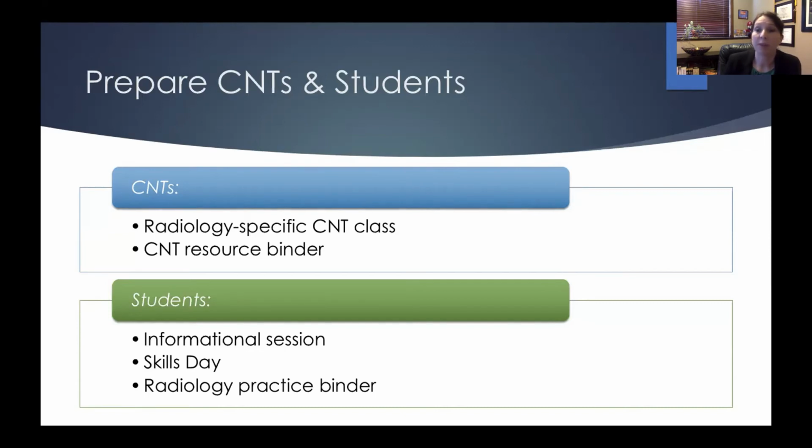In order to properly prepare the students, we provided an informational session on what to expect in radiology. We also created a 6-hour skills day to help them practice necessary skills and provided them with a radiology practice binder as a resource. All of these steps were taken to help ensure confidence of both our students and our educators.